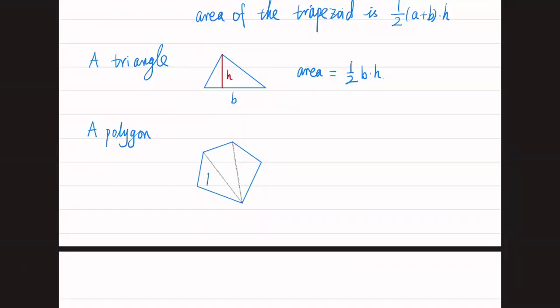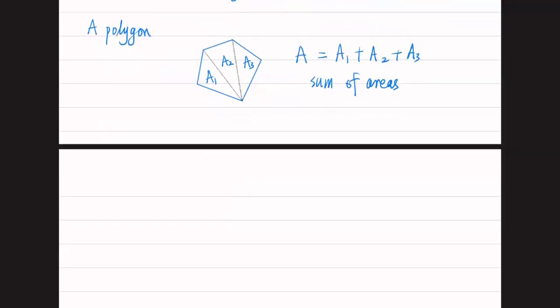So we get first area, second area, third area. So the total area will be the summation of the areas. So now we know how to find the area of any polygon.